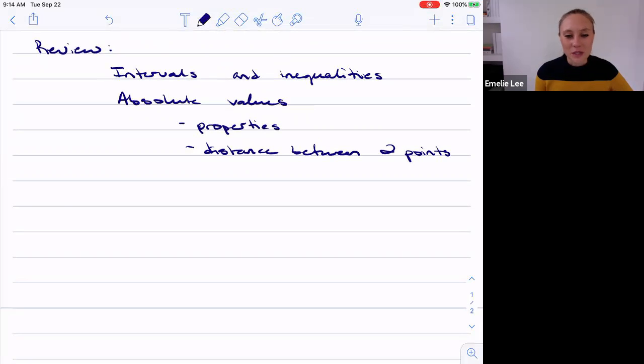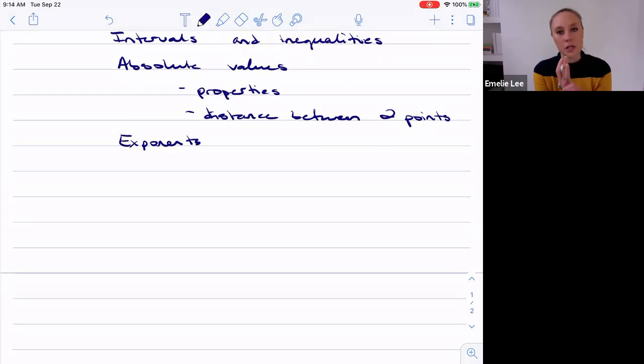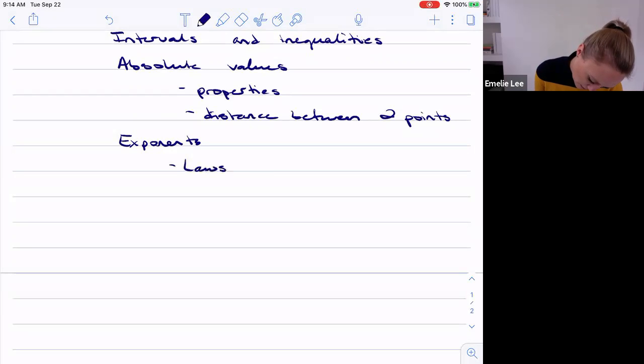And then we got into exponents, so we talked about the laws of exponents. There are a lot of laws of exponents that I expect you to be fluent in.